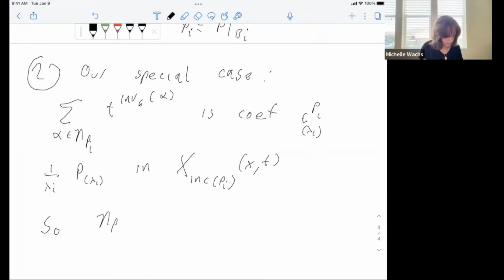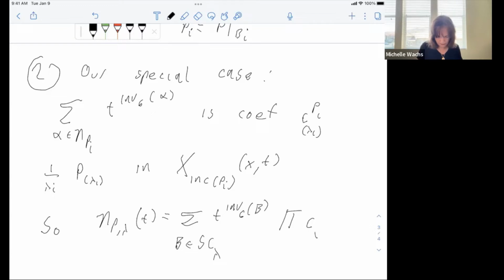NP lambda T is equal to the sum over B in the set compositions of lambda, T to the number of G inversions of B, times C lambda_i P_i.